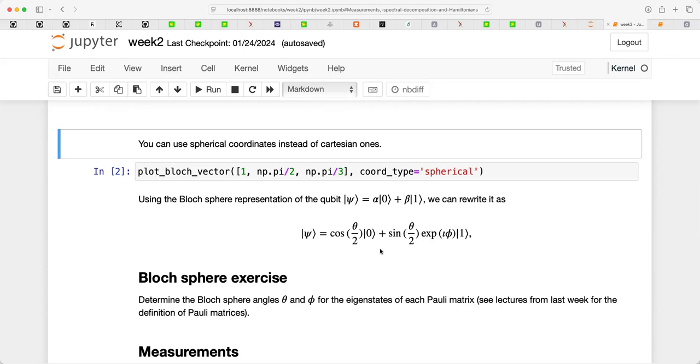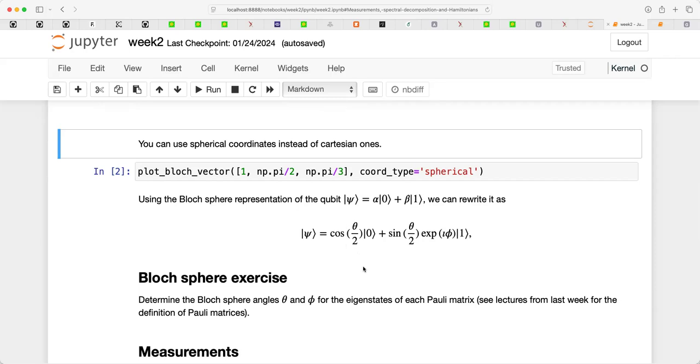One thing I'm not doing, which you will find in many textbooks, is showing why you can represent this state, where alpha and beta are complex objects, in terms of a complex phase. Since these are complex objects, you can write them in terms of a complex phase, and you can always rewrite them in terms of cosines and sines. But I'm not going to spell out that mathematics.